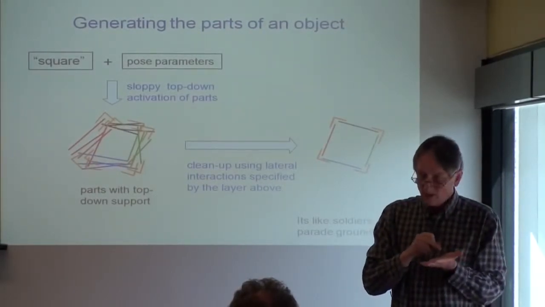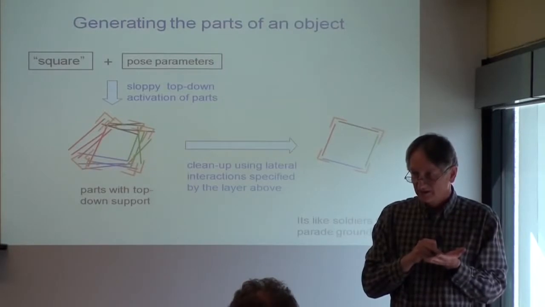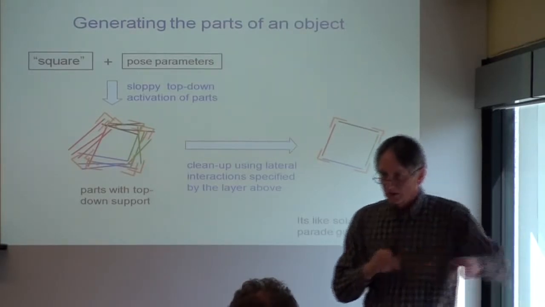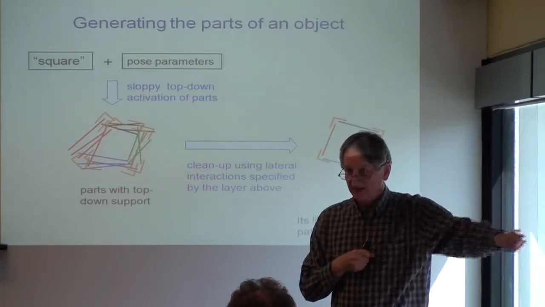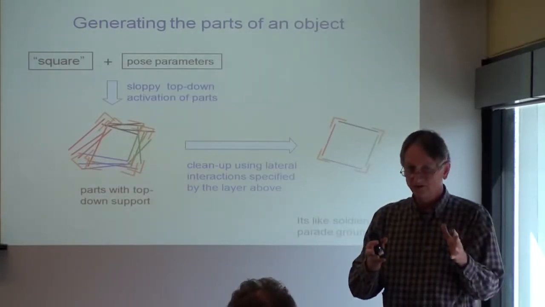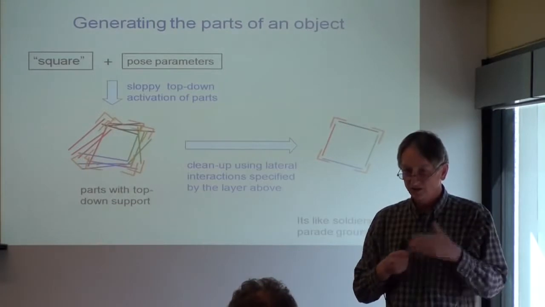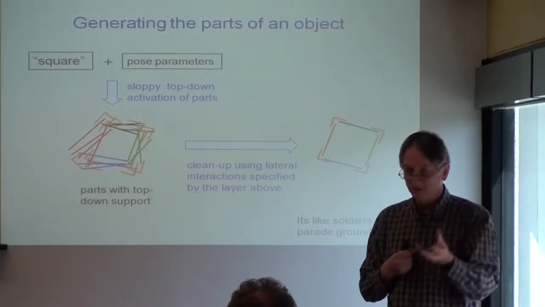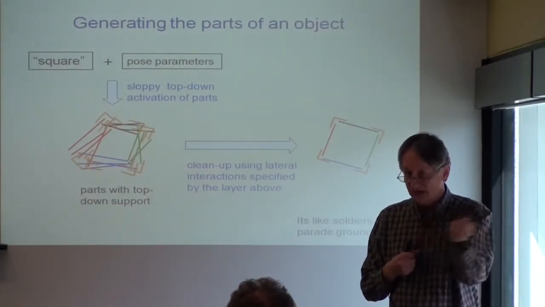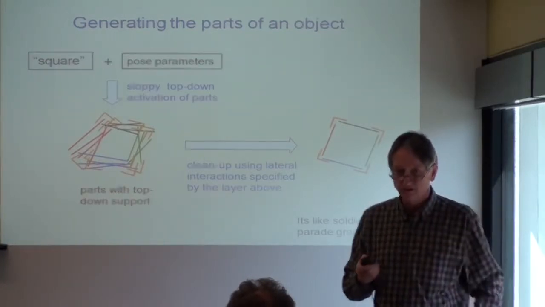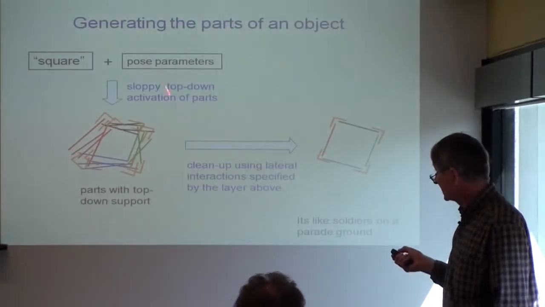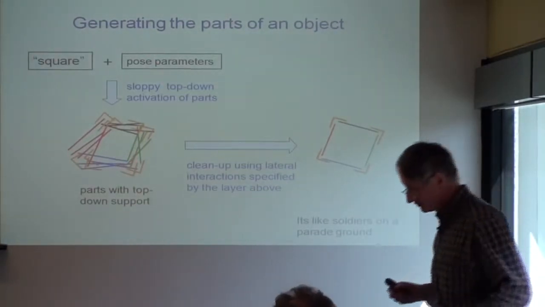Or I could say, soldier number 1, stand roughly around here, and soldier number 2, hold your arm out and stand this distance from soldier number 1. That's a much better way to get a neat rectangle. It requires far less communication. So you're downloading roughly where people should stand, and then how they should relate to each other. You have to specify the relations, not just where they should be. And that's what we'd like in a powerful hierarchical generative model.